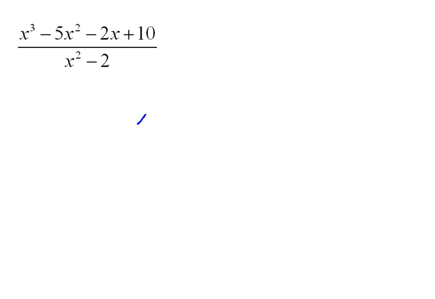So this will be x cubed minus 5x squared minus 2x plus 10 divided by, now I want you to notice as we wrote in this polynomial, our highest power of x was 3, and then it went 3, 2, 1, no x's. It has to be in perfect descending order.